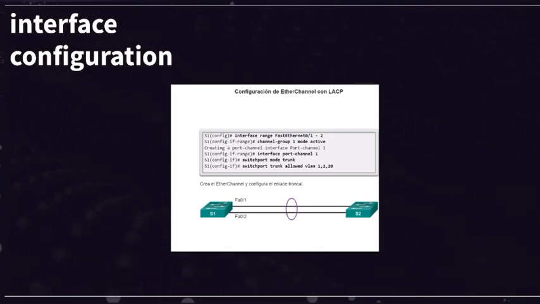VLAN range: EtherChannel supports the same allowed range of VLANs on all interfaces in a trunking EtherChannel. If the allowed range of VLANs is not the same, the interfaces do not form an EtherChannel, even if they are set to auto or desirable mode.